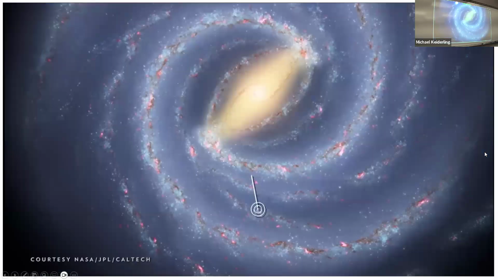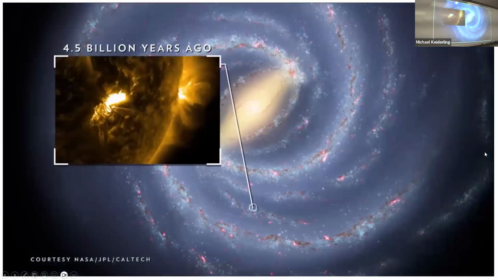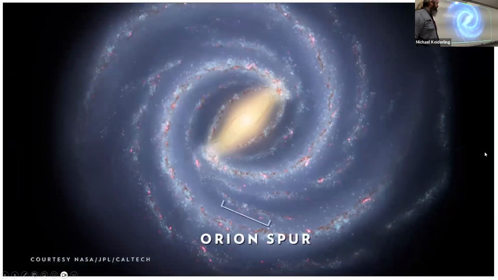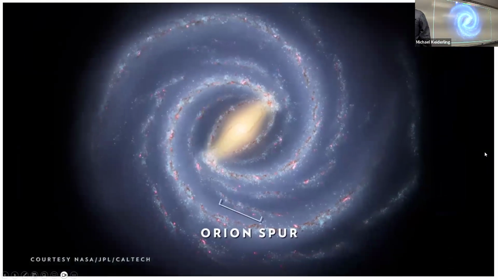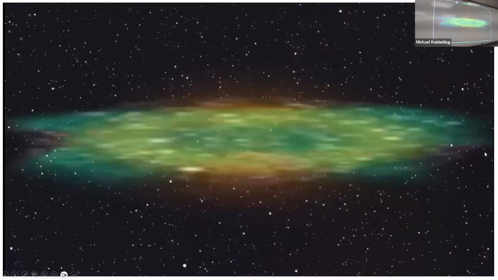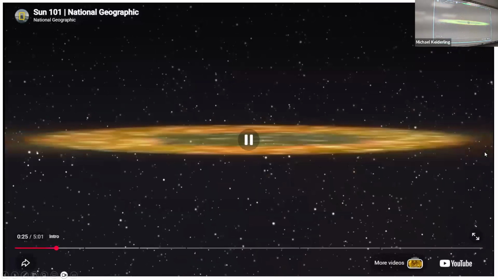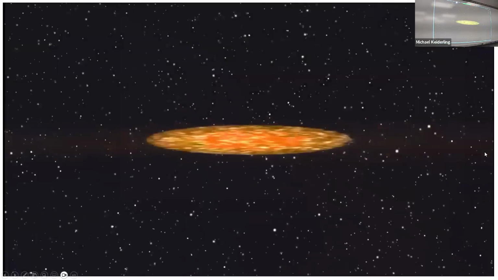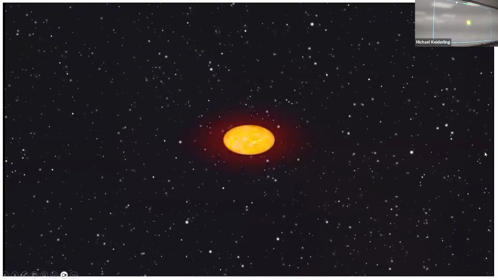Our sun formed about 4.5 billion years ago in the Milky Way galaxy's Orion Spur. It was born when a cloud of dust and gas, known as a solar nebula, collapsed. And in the middle of this formation, matter condensed into a burning ball of gas that became our sun.